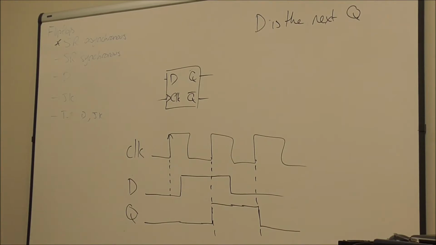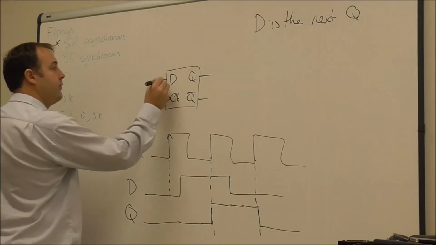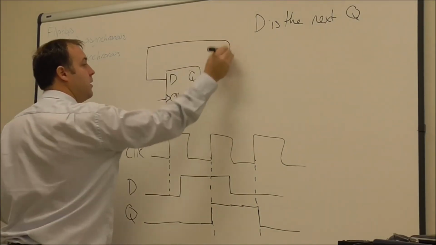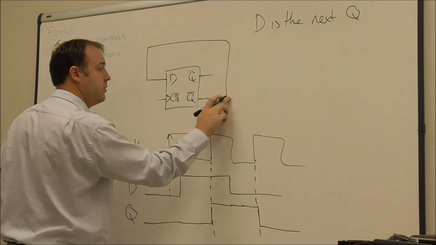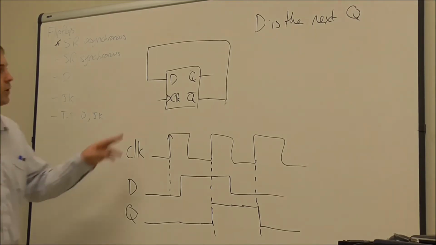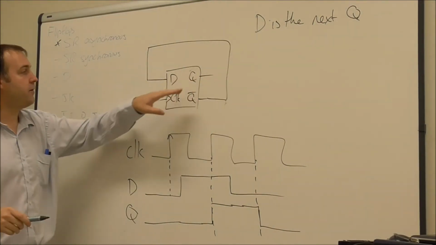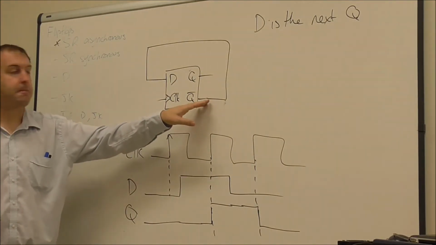And one other very useful way that we can wire this circuit is if I connect D to Q bar. Have a think about what's going to happen here. So let's say Q is low, so Q bar must be high.